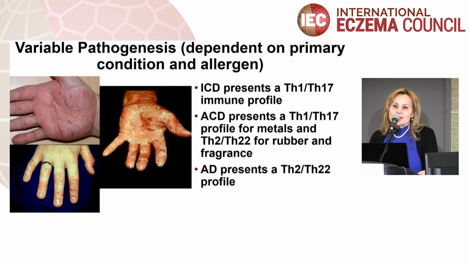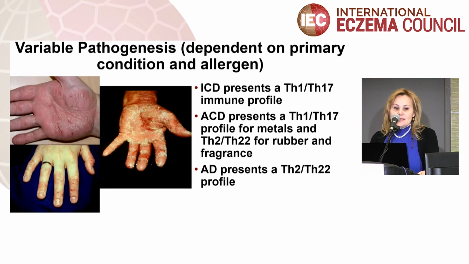And the pathogenesis, again, is variable. Again, multiple causes, and it's always dependent on the primary condition and the allergen. Irritant contact dermatitis is innate immunity and Th1, Th17. Allergic contact dermatitis depends on the allergen, Th1, Th17 for metals, Th2, Th22 for fragrance and rubber.